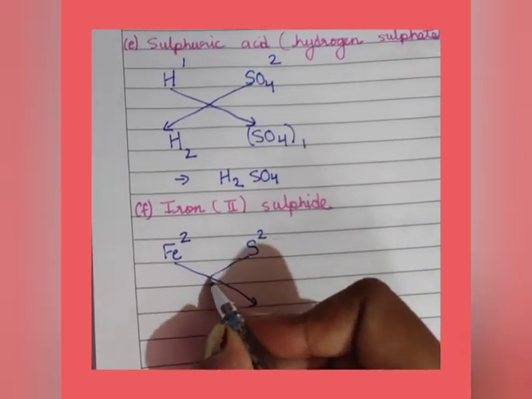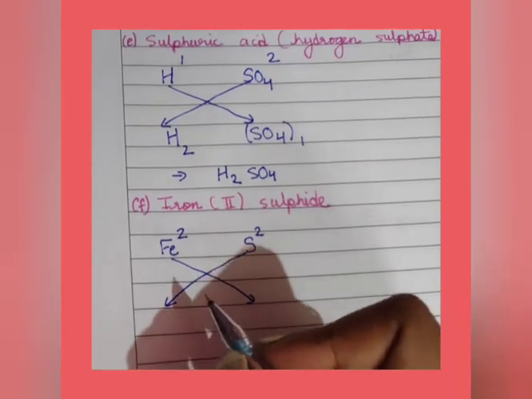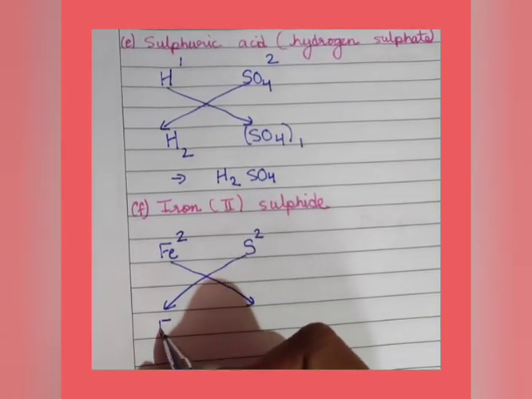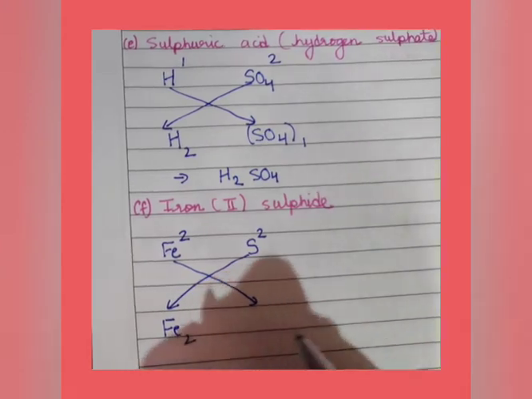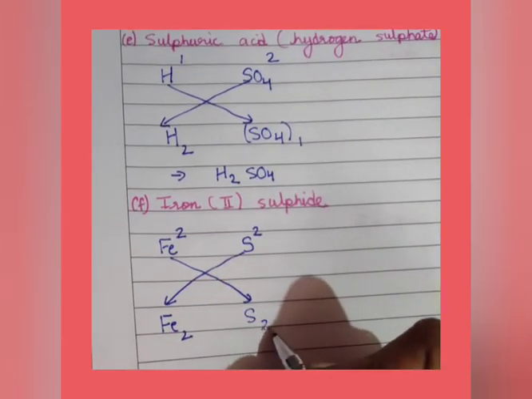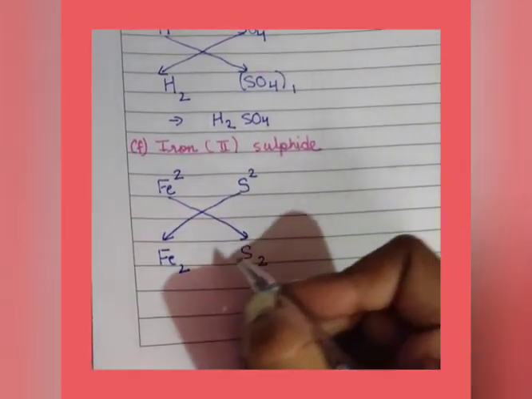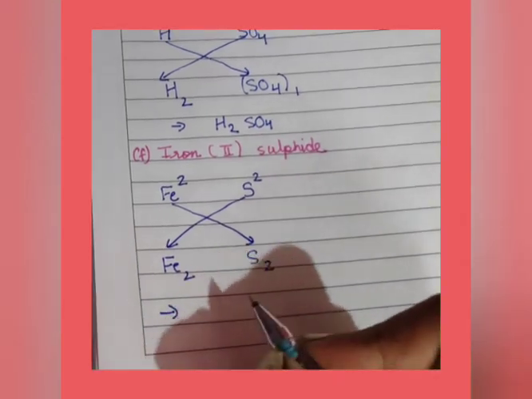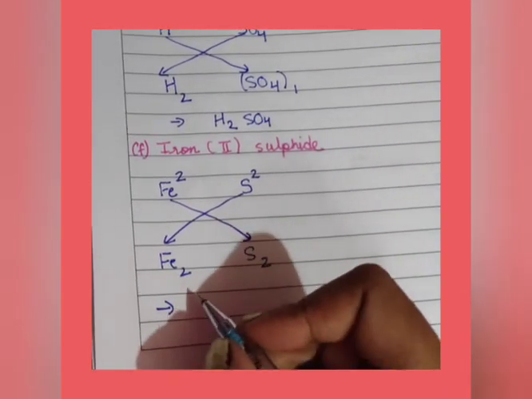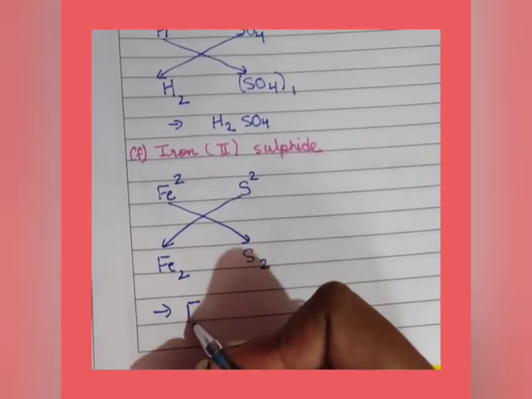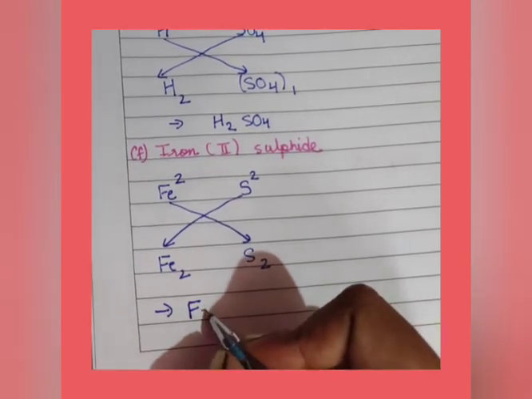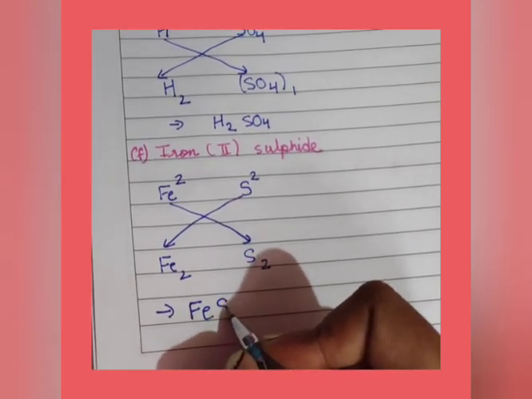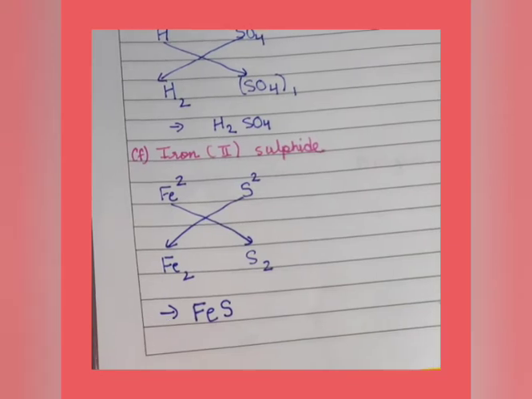They will interchange the valencies. So after interchanging, 2 comes as subscript. 2 is the common factor which can be ignored. So the formula is FeS.